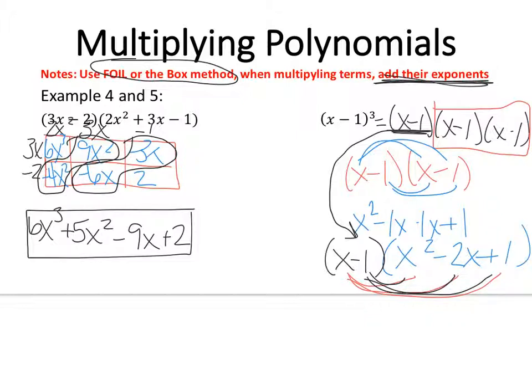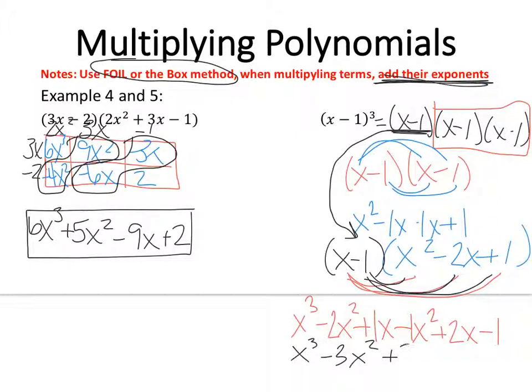So this is going to give me x to the third minus 2x squared plus 1x, and then negative 1x squared plus 2x minus 1. So my final answer for this polynomial is x to the third minus 3x squared plus 3x minus 1.